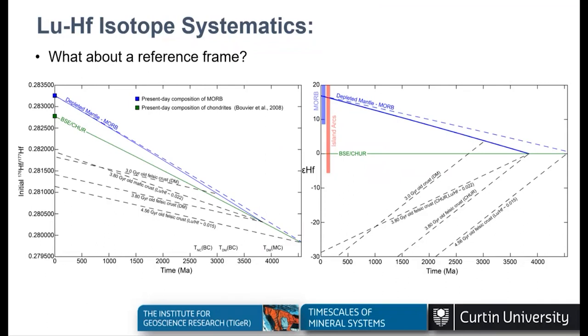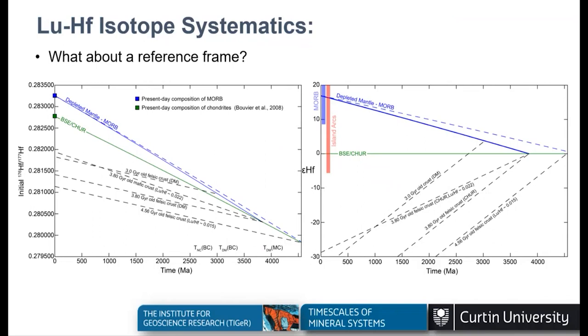That crust would have evolved along some trajectory that would go to less radiogenic initial hafnium compositions than our bulk silicate Earth. The slope of these lines is defined by the lutetium hafnium ratio in the crust, which for felsic rocks is about 0.015. For mafic crust, it might be slightly different and it would evolve along a steeper trajectory.